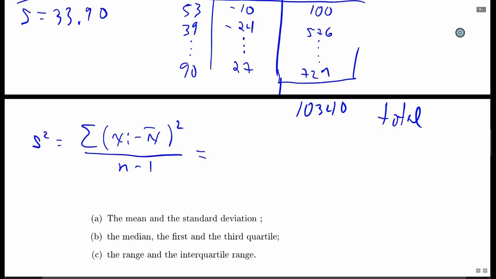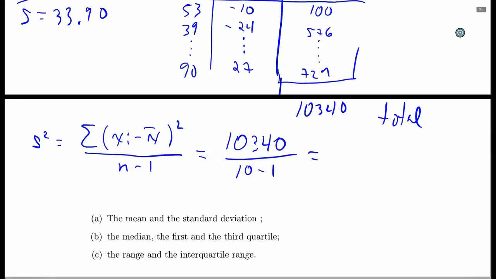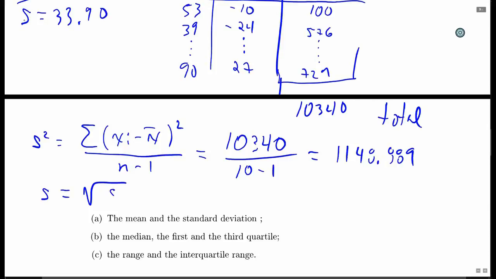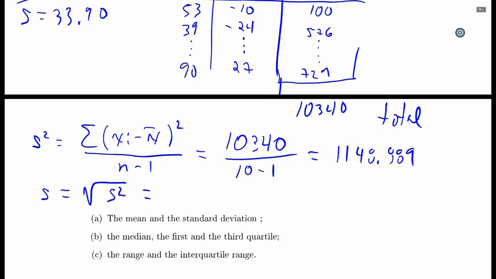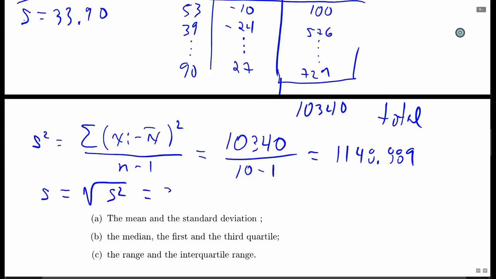So I get 10,340, and then I divide by 10 minus 1, and this gives us 1,148.889. To compute the sample standard deviation, I take the square root of s squared, so the square root of 1,148.889. If I round to 2 decimal places, I end up with 33.90.